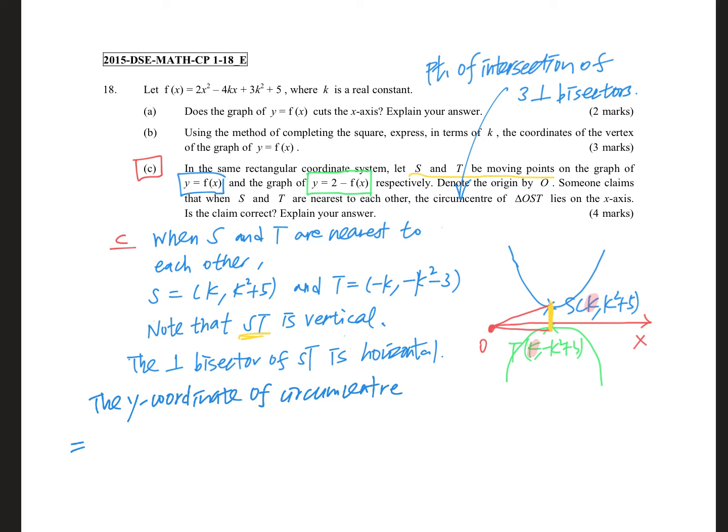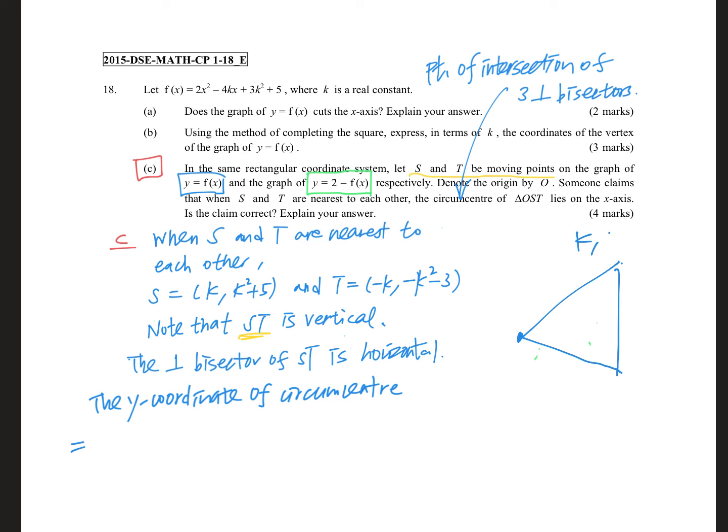So maybe I try to redraw this graph. We only have 3 points. The first point, and then the second point, may not be isosceles, like this.